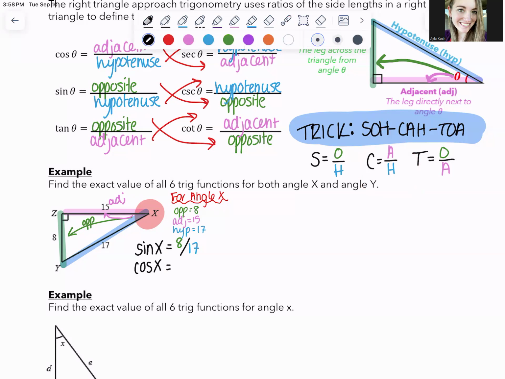Our adjacent side is 15. And our hypotenuse is 17. So cosine of angle x is 15 divided by 17. Tangent of angle x is opposite over adjacent. Our opposite side is 8. Our adjacent side is 15.